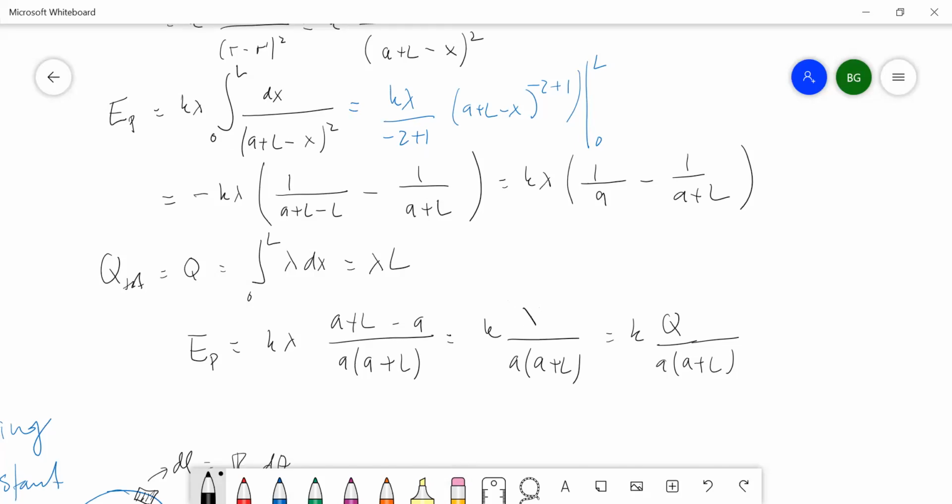This lambda L is capital Q, the source charge, the charge of the rod. So the electric field of the rod at point P is kQ over A times (A plus capital L). Is there any question about this example?